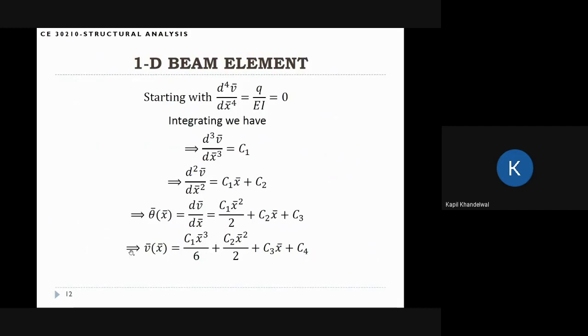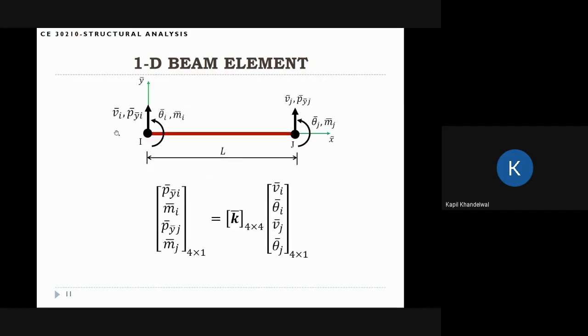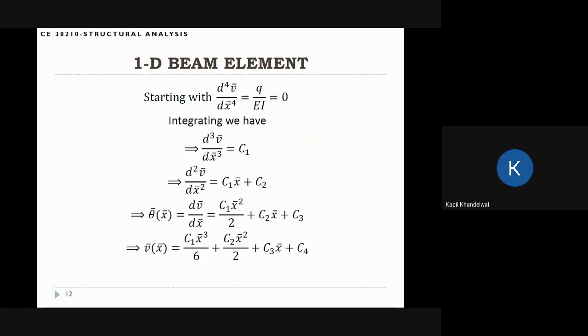To find these coefficients, you need 4 conditions. We already know that displacement at i should be vi, rotation at i should be theta i, displacement at j should be vj, and the rotation at j should be theta j. So we have 4 conditions here.